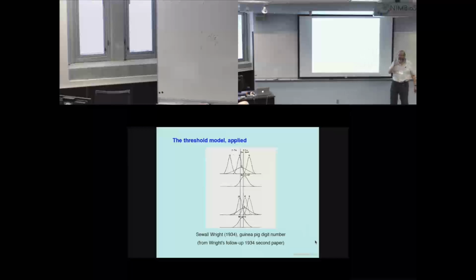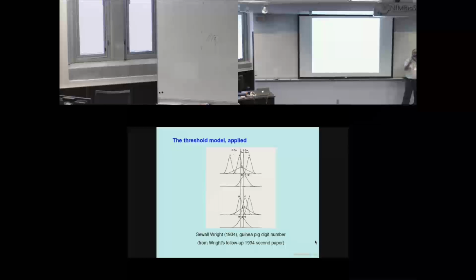But in the simple threshold model, there's a threshold. If the amount of liability is above the threshold, you develop 4 toes, and below the threshold, you develop 3 toes. So that's the model. And it's a polygenic model. It's got this hidden state. It's very different from the 0-1 model, the MK model.